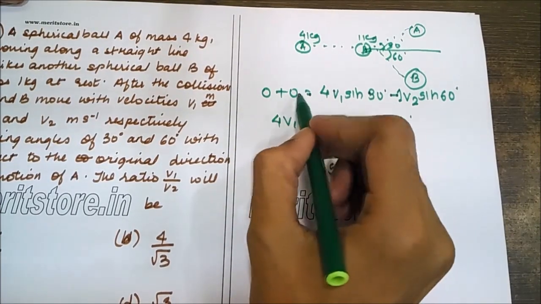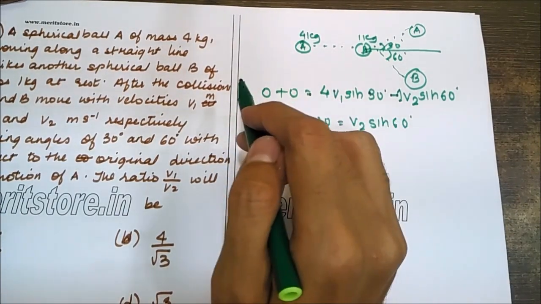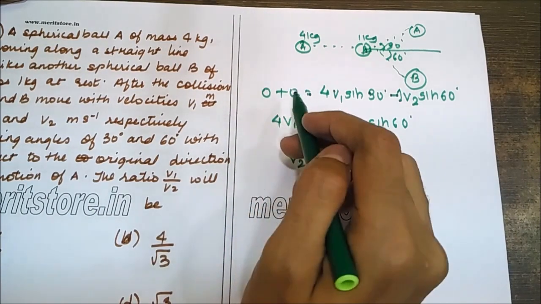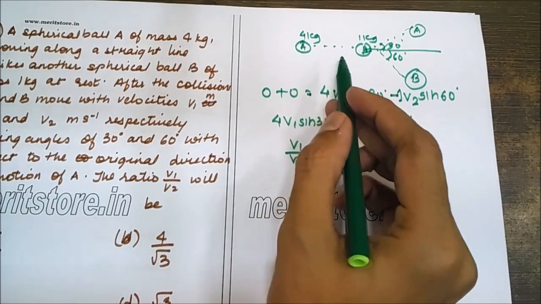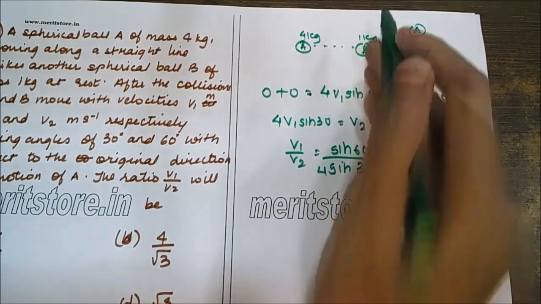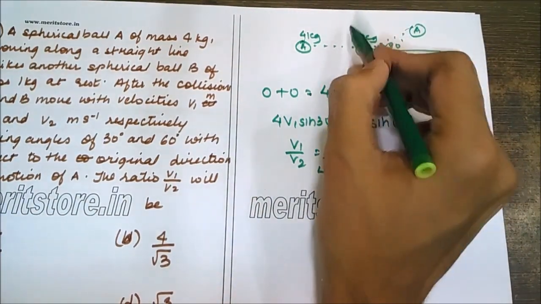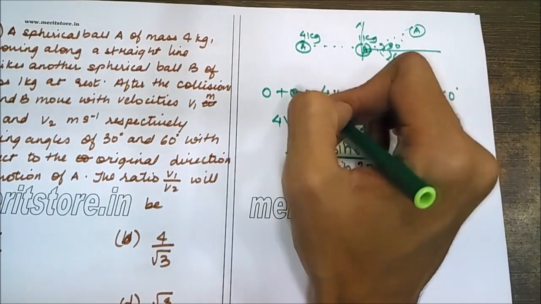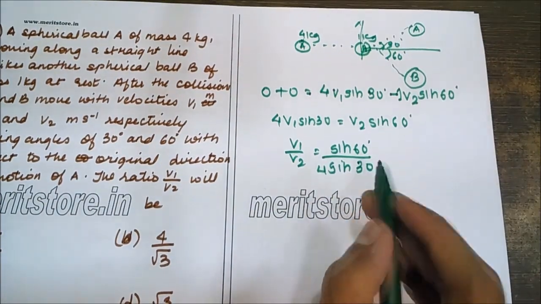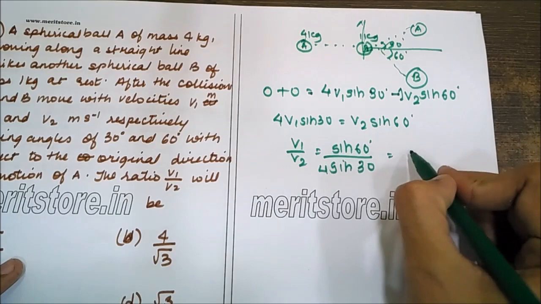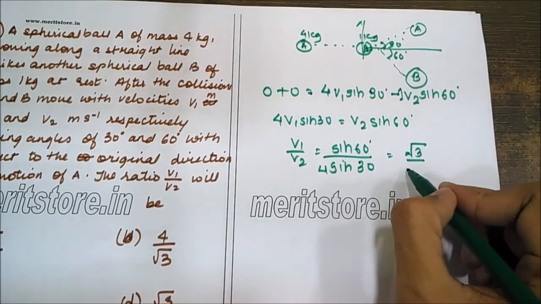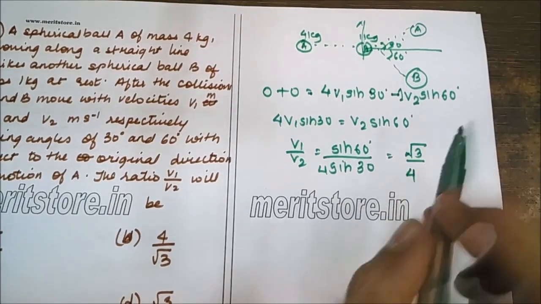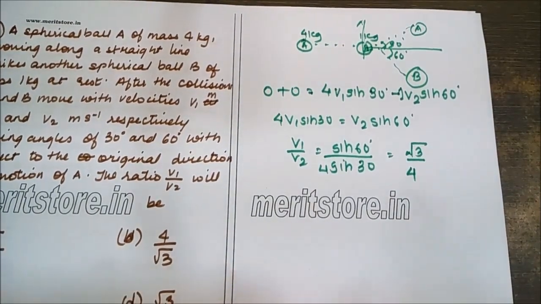It is 0 initially because the linear momentum along the direction perpendicular to the direction of motion, that is along the y-axis, is 0 for the initial state. So we have sine 60, that is root 3 by 2, upon 4 into sine 30, so that will be root 3 upon 4. So the option is A, root 3 upon 4.